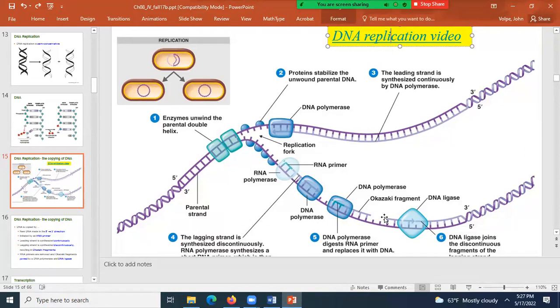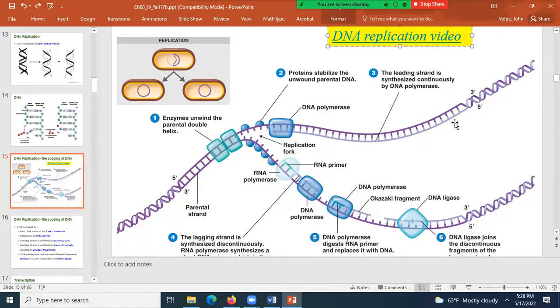So one DNA polymerase binds here and then makes that piece of DNA. Another DNA polymerase will bind here and then make this piece of DNA. And then a third DNA polymerase will bind here and make this Okazaki fragment. Now, this DNA polymerase will only have potentially two breaks in the DNA.